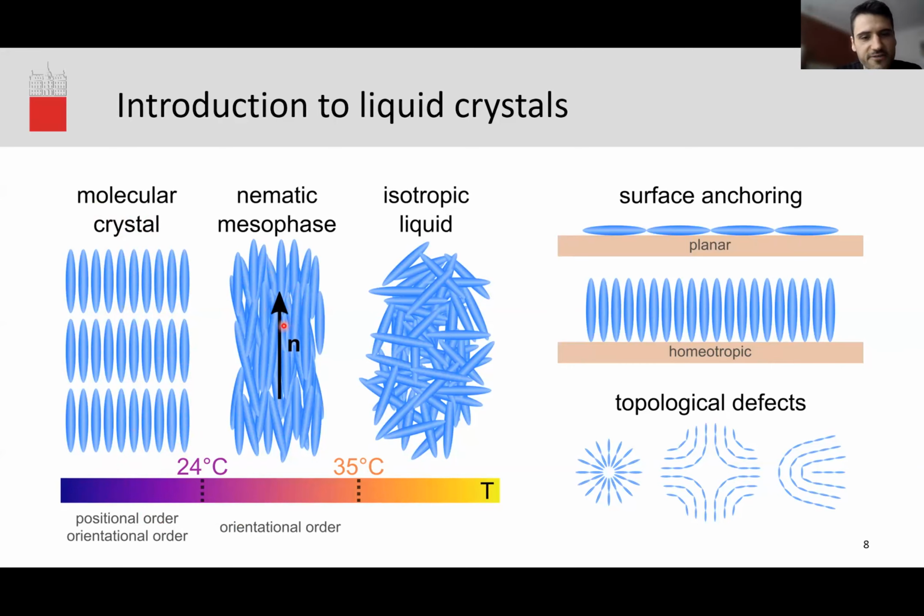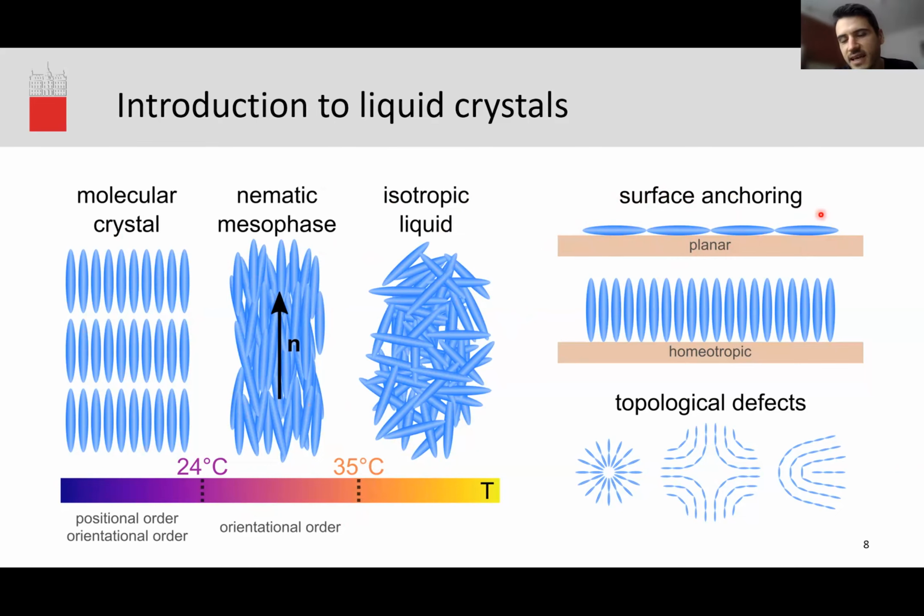And in a nematic mesophase, because the molecules are elongated, they tend to orientate along a preferred axis that we call a director. They actually fluctuate around this one, and in this case, the positional order is broken, but the orientational order is still very high and long-ranging. And then if we increase the temperature even more, we get an isotropic liquid that we are also quite used to. In addition to this orientational order, what's also very important with liquid crystals is surface anchoring.